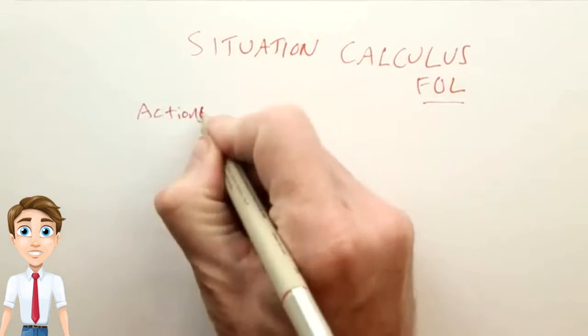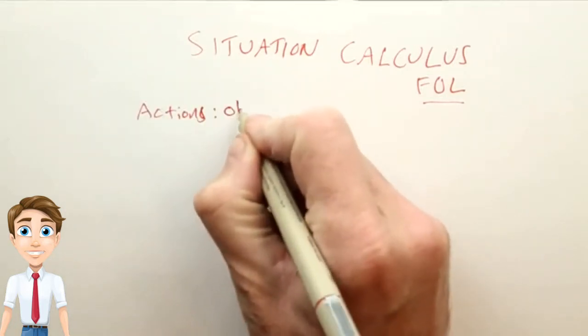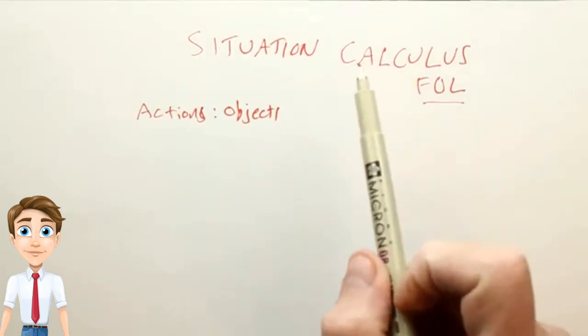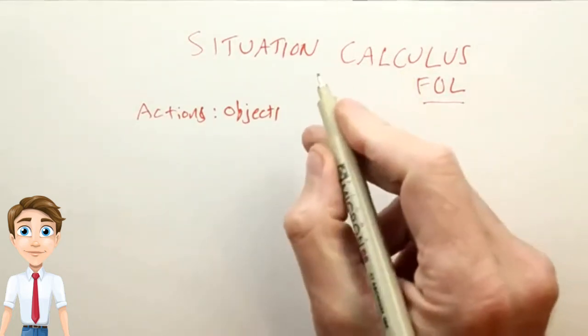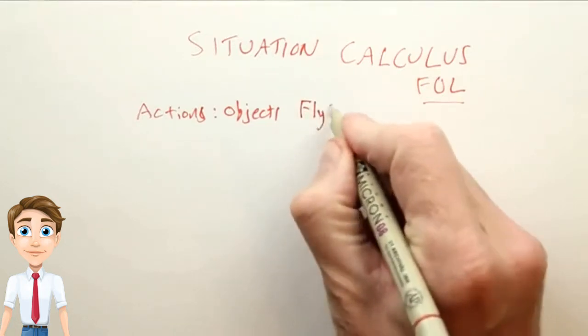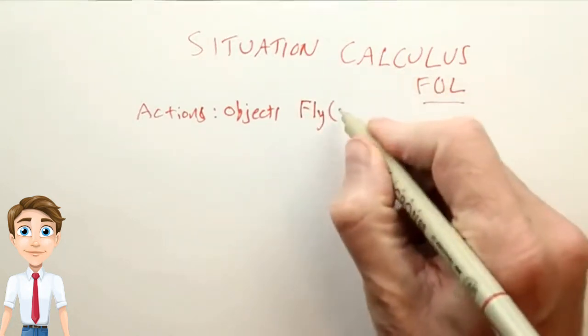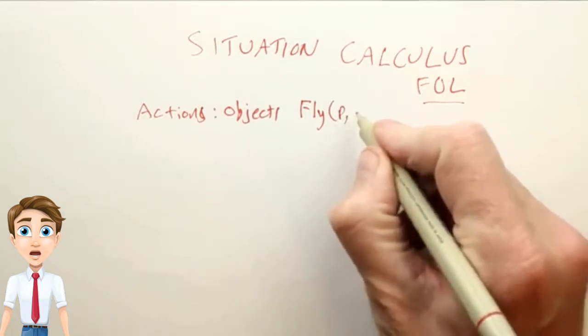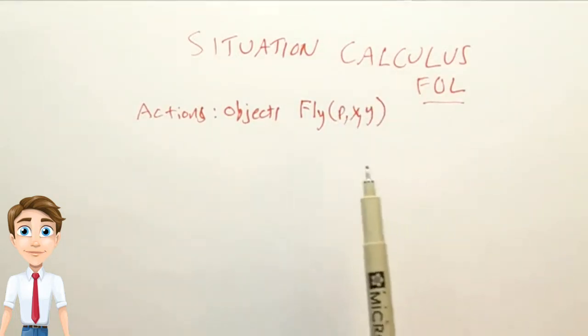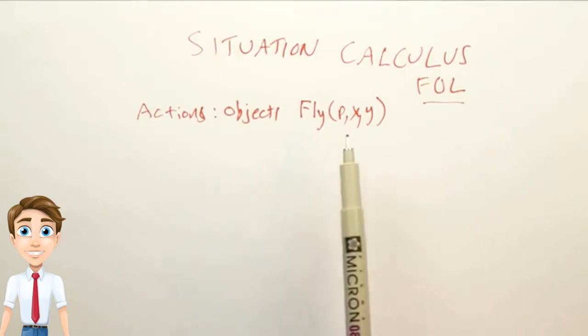First, actions are represented as objects in first-order logic, normally by functions. And so we would have a function like the function fly of a plane and a from airport and a to airport, which represents an object, which is the action.